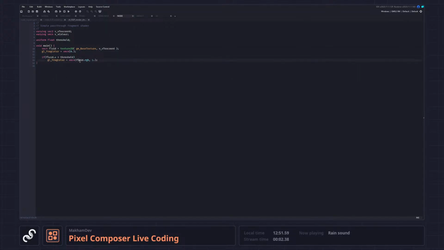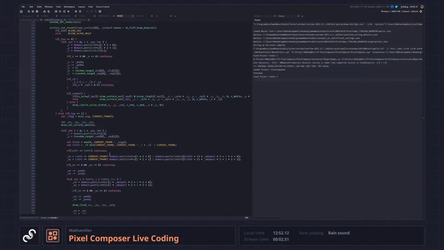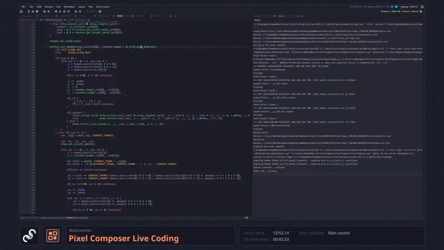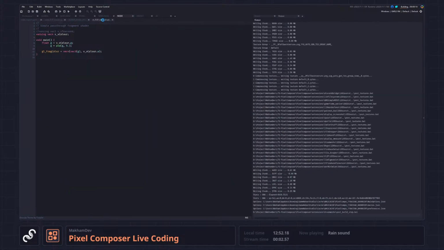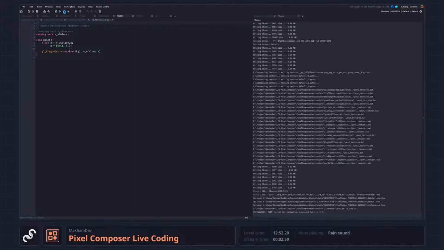If opacity is higher than that, you get the fluid RGB. Alpha opacity is 1, so that's not right. Oh, there's also a shader here. Maybe it's this shader. Yep, it is this shader.